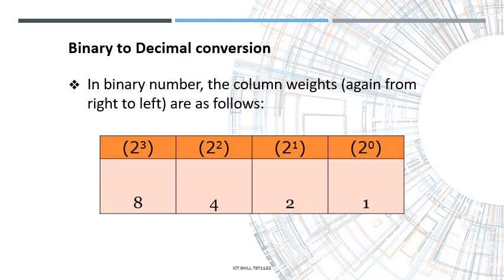So if you look here, binary to decimal conversion. In a binary number, the column weights from the right to left are as follows: 8, 4, 2, 1, because the base is 2.